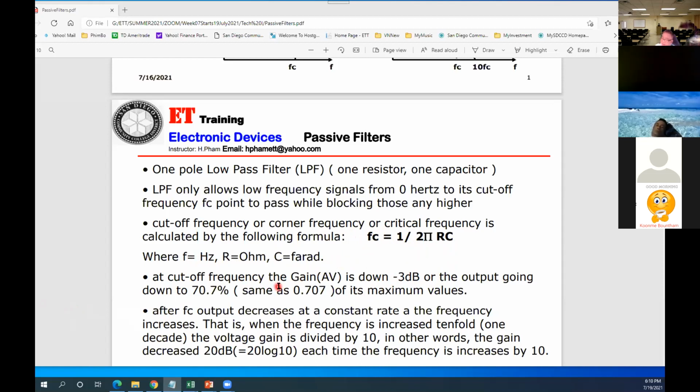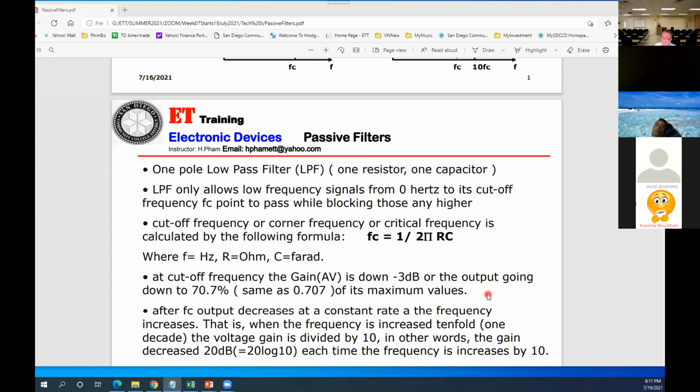Okay? At cutoff frequency, the gain, that means V out divided by V in, is down minus 3 dB, or the output going down to 70.7%, same as 0.707 of its maximum value.